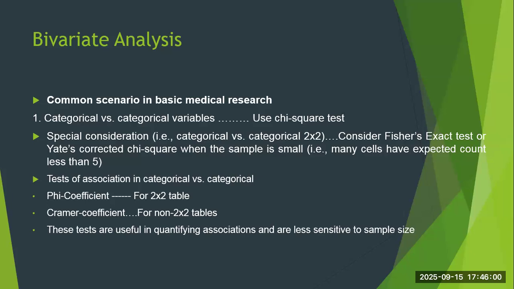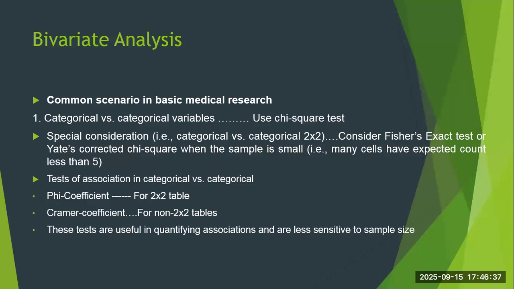Now, there are some special considerations when you're doing categorical versus categorical, especially when you have a 2x2 table. For instance, vomiting status, present and absent, and research group, fentanyl and pentazocine, is actually a 2x2 table. If SPSS flags that a particular number of cells have an expected count less than 5, it means that the assumption of Pearson's chi-square, which is the commonly reported, is not met.